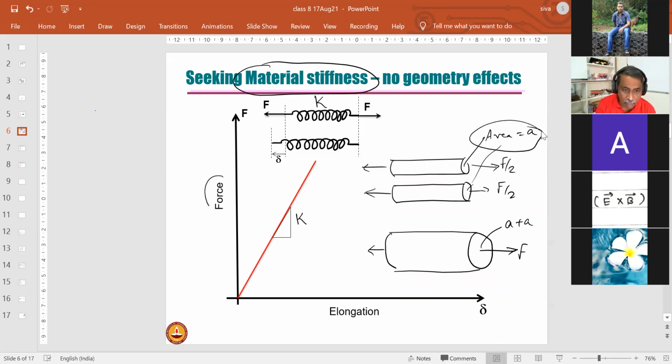So instead of looking at force, I'll now change to force by the cross-sectional area A. Okay, so I'll remove this and introduce F divided by A. But F divided by A, I remember we did this earlier and we call this stress, right? It may not be the same slope now, so I'm going to put it as K bar. The elongation remains the same, but now force is force per unit area that I take instead of this, right?